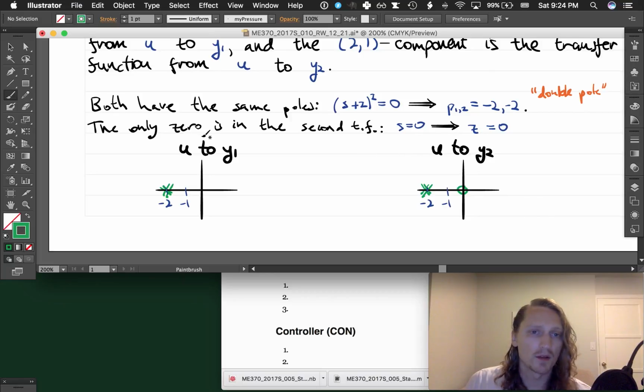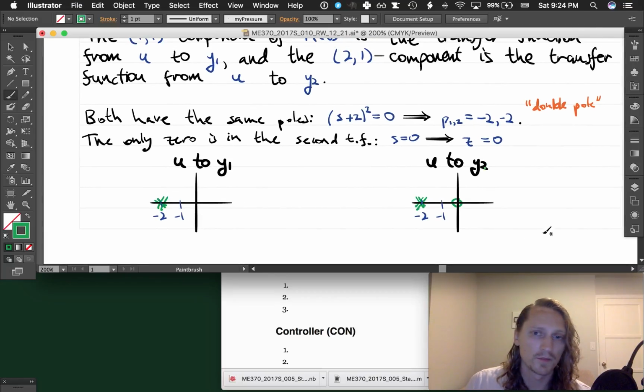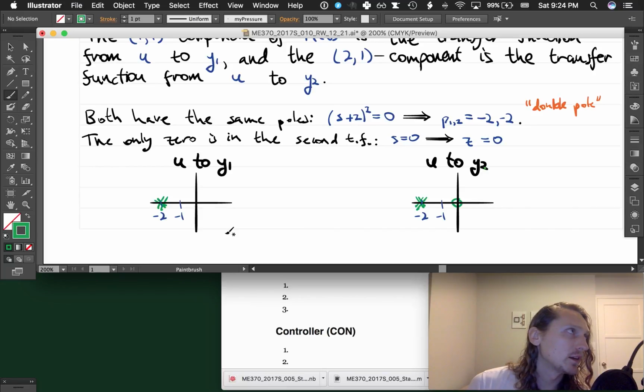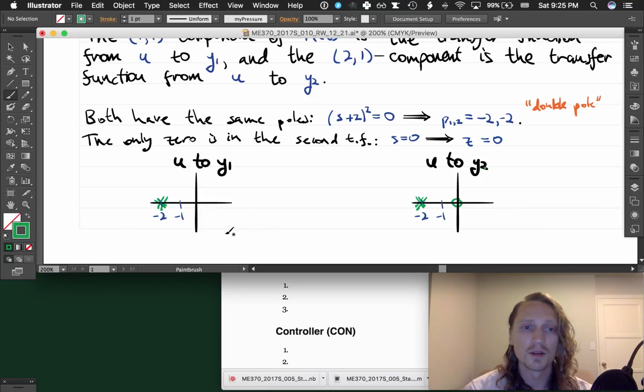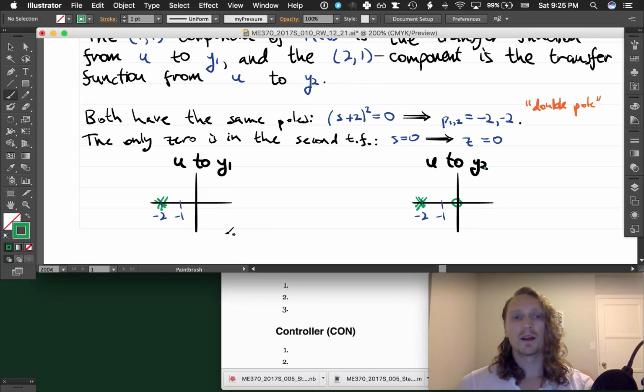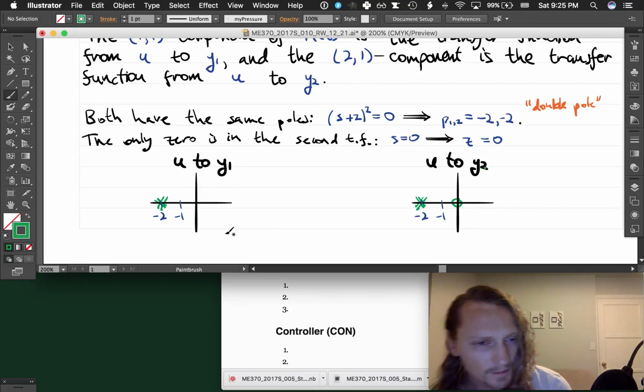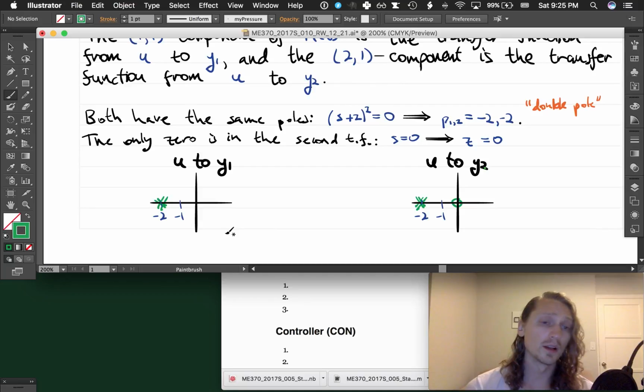Let's think about it for just a moment. Both of the transfer functions have all their poles in the left half plane, therefore the system is stable. Good job. And the fact that it's a double root implies that we have critical damping, so zeta is equal to 1 for this case.